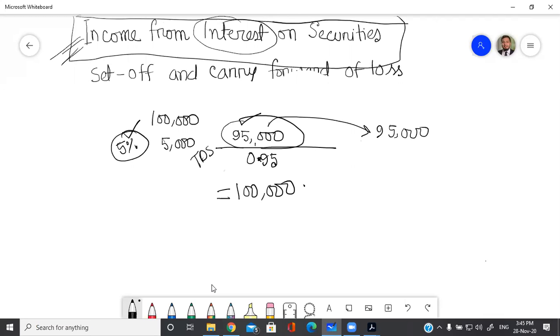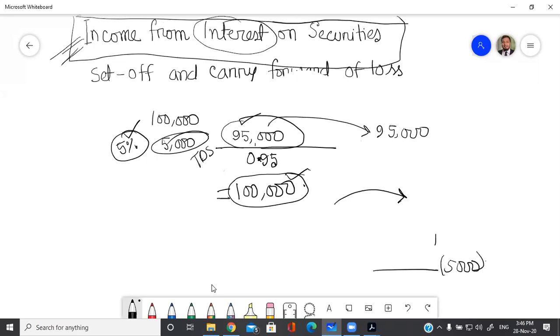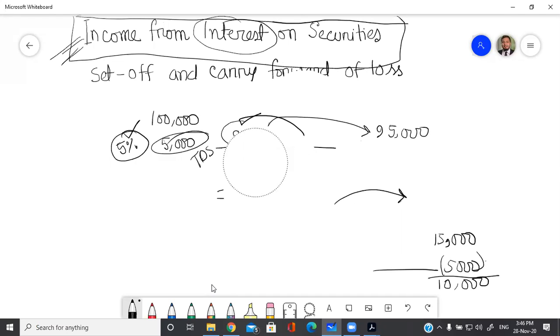You need to show this 100,000 taka in the income from interest on securities calculation. The 5,000 tax you have already paid, you need to show as already paid. So if your tax due is, for example, 15,000 taka on total taxable income, you now need to pay 10,000, because 5,000 is already paid.